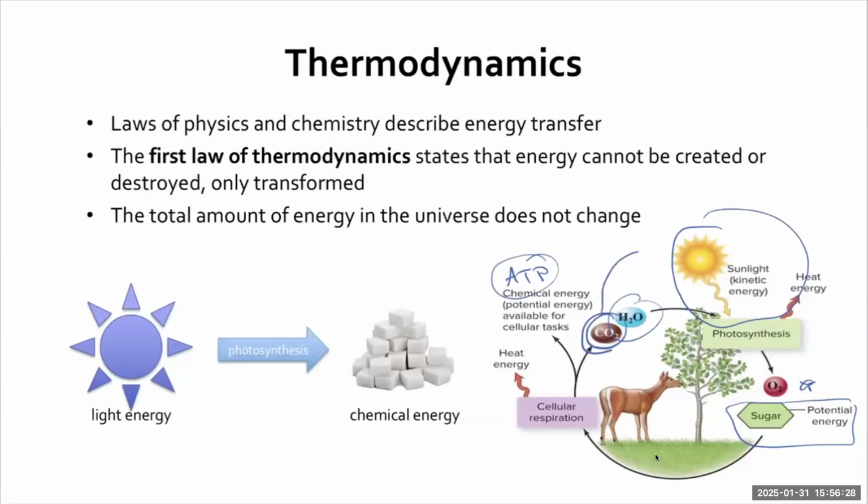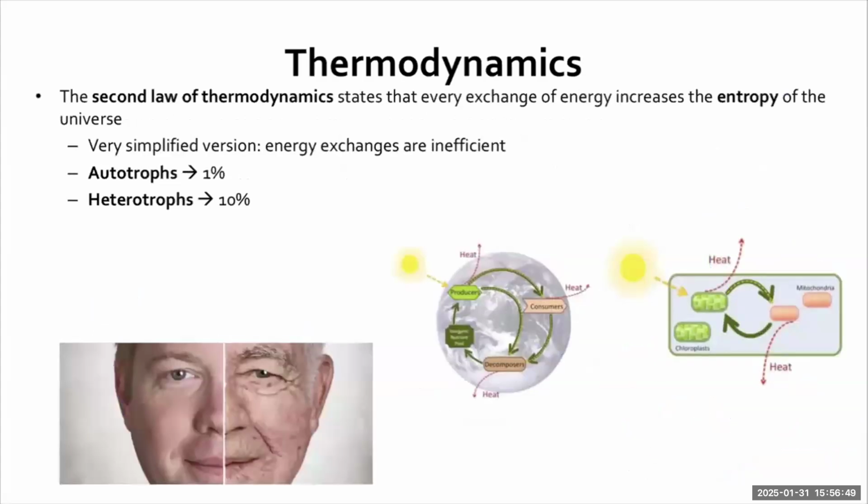Once again, the very same carbon dioxide that's used by photosynthesis. You'll notice that in both of these processes, there's some energy that's lost in the form of heat. So energy is not created or destroyed, it's transformed, and the total amount in the universe does not change.